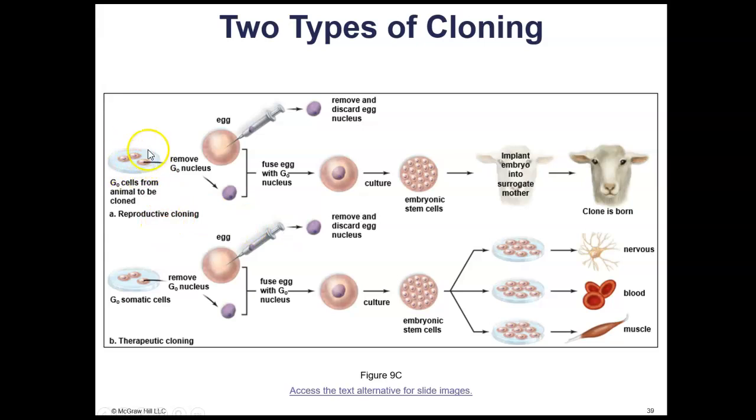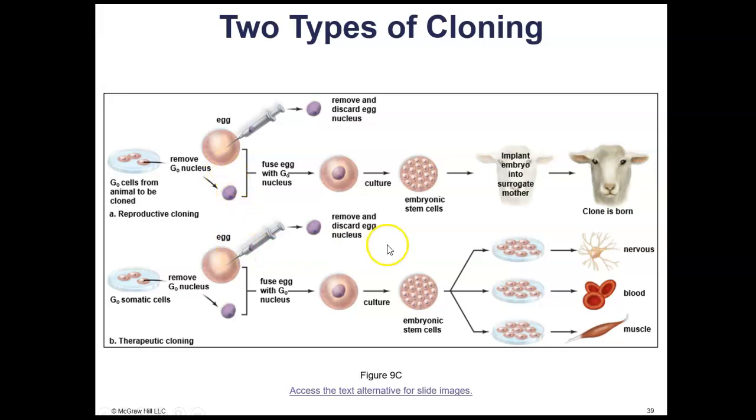This shows you how cloning works. You have to use cells from the animal that you're cloning. The cells have to be in stage G0. That means they're not dividing cells. They're not going to continue to divide. You have to remove the nucleus out of that G0 cell. Then you take the nucleus from the egg cell and you discard it.